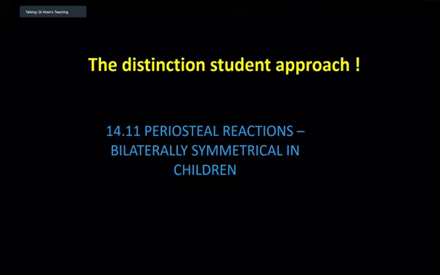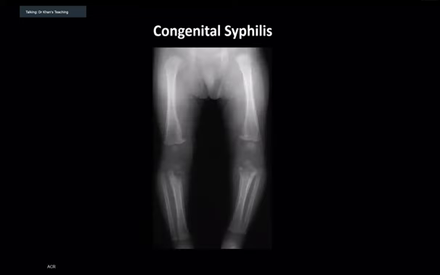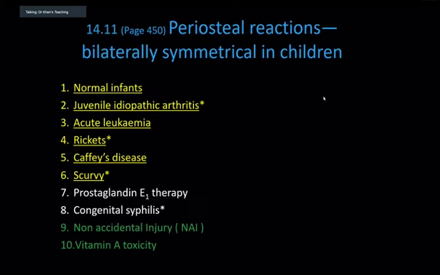Now, this is a differential diagnosis of periosteal reaction, bilateral symmetrical in children. In your book, if you open page 450, there is a differential diagnosis of periosteal reaction, bilateral symmetrical in children. And please remember that there will be a separate differential diagnosis for adults.